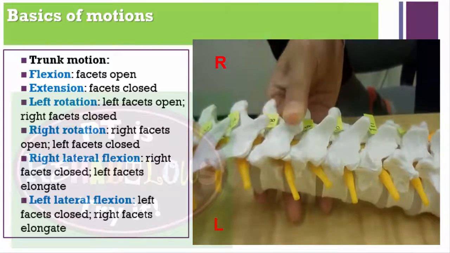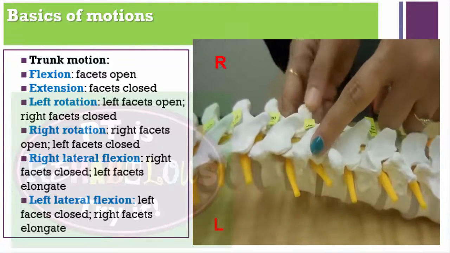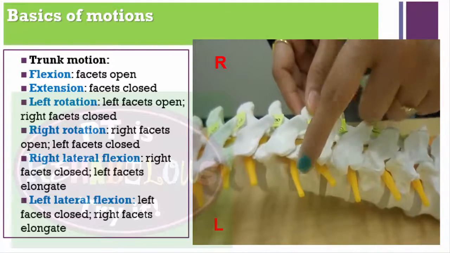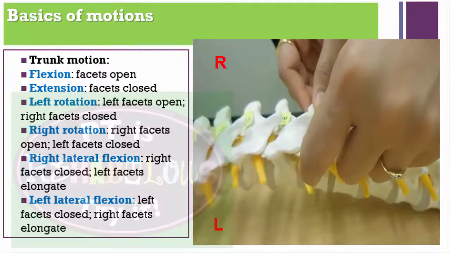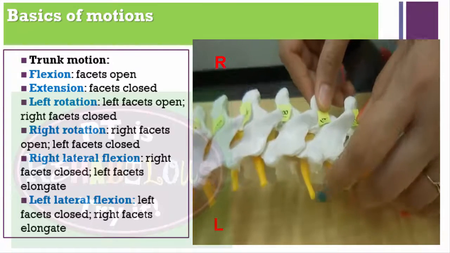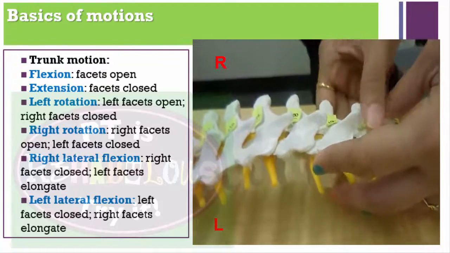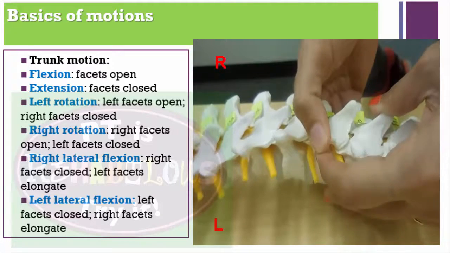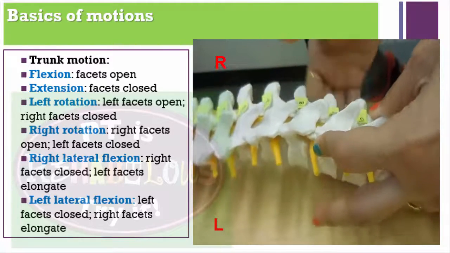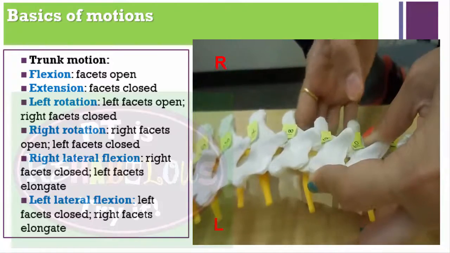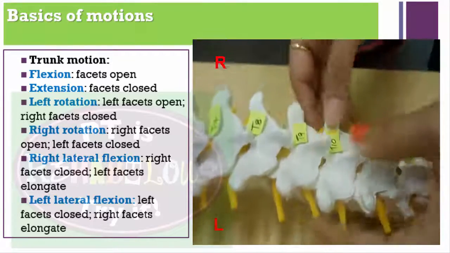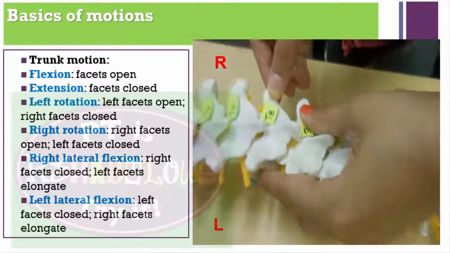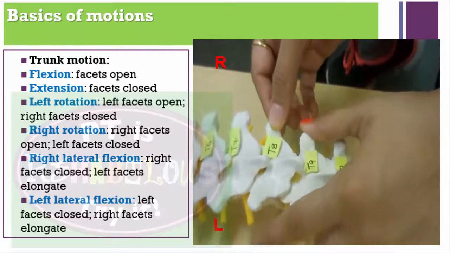In the same way for rotation, this is your left side, this is your right side. If I'm doing right rotation, I need to mobilize from the left side. Let's see here on the thoracic vertebrae, so it will be easy to see.